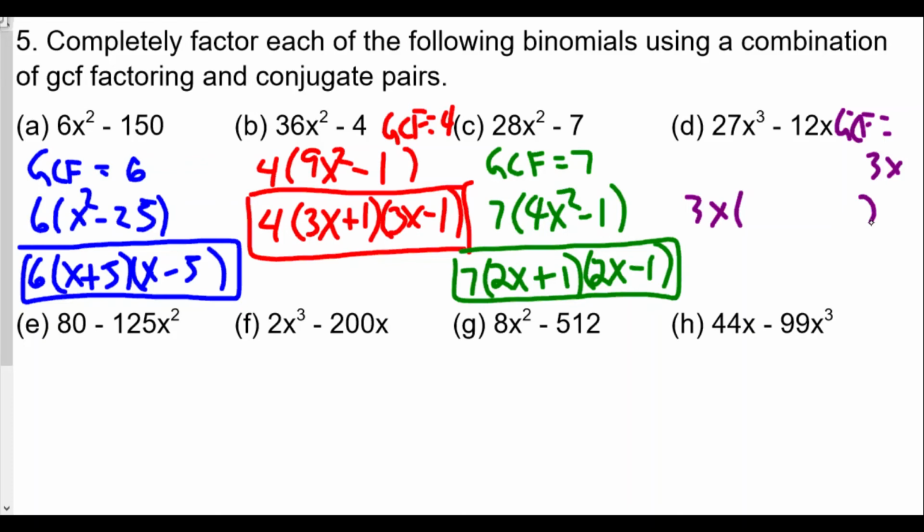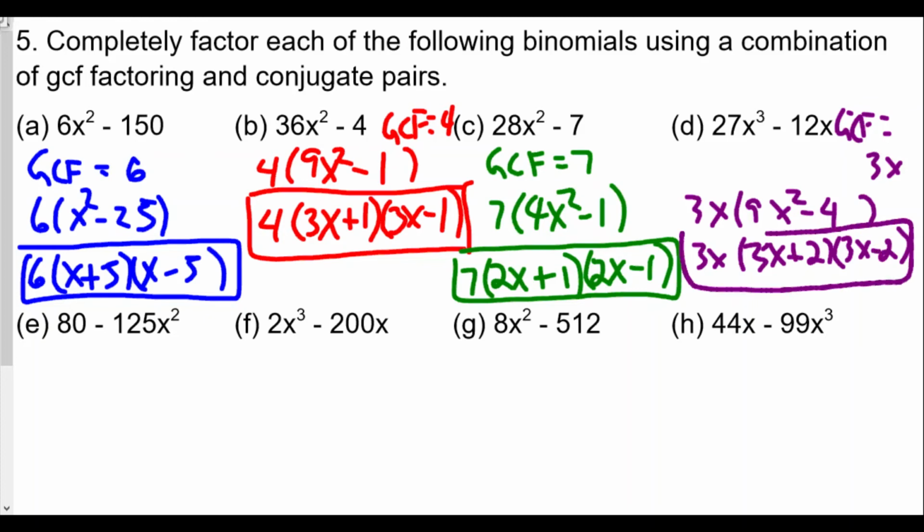Well, 27 divided by 3 is 9, and x cubed divided by x is x squared. 12 divided by 3 is 4, and x divided by x is 1. All right, and so now we do a conjugate pair. In this case, the square root of 9x squared is 3x, and the square root of 4 is 2, plus and minus. So we get 3x times, parenthesis, 3x plus 2 times 3x minus 2.